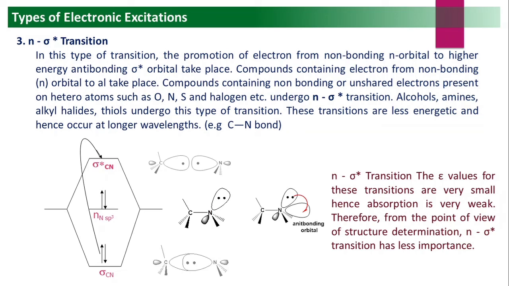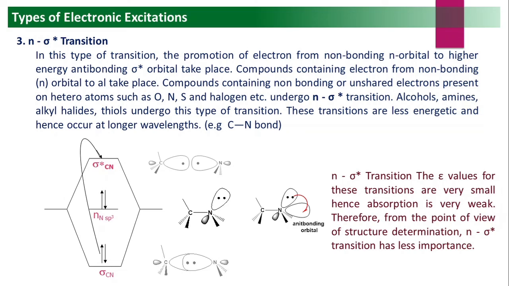For n to sigma star transitions, the epsilon value is very small. Hence absorption is very weak. The epsilon value means the probability of these excitations is very low, so the height of the peak is very small.